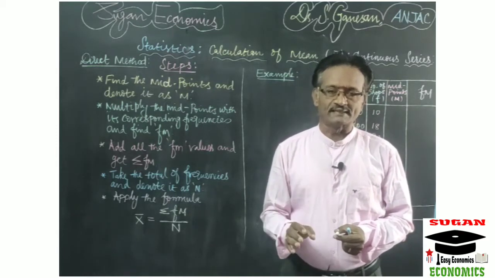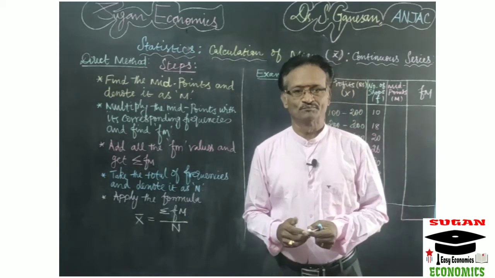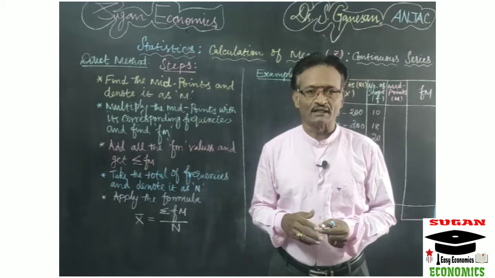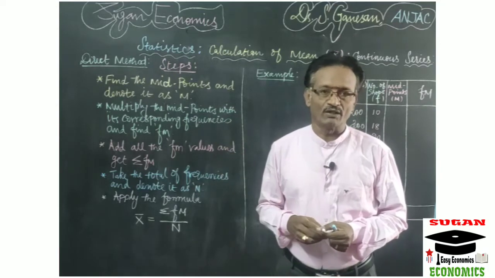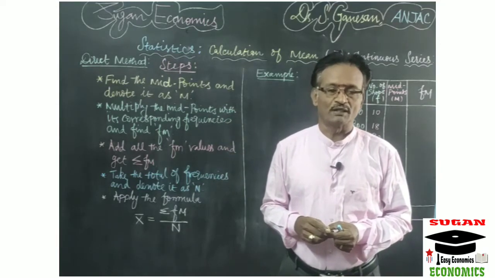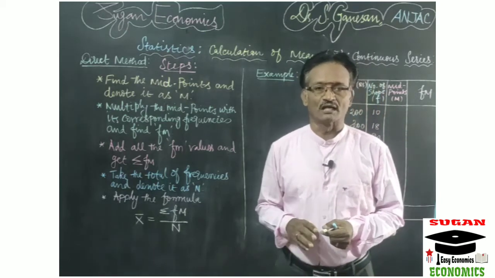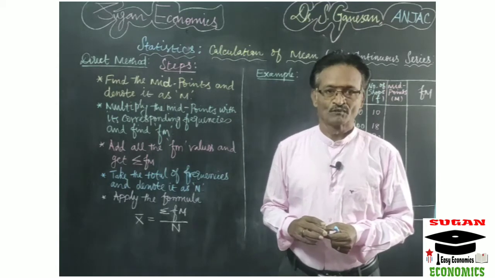In a discrete series the numbers are in discrete values. But in a continuous series, the values are continuous. So the fractional values are also taken into account under continuous series, but under discrete series the fractional values are not taken into account, only the whole numbers, right?